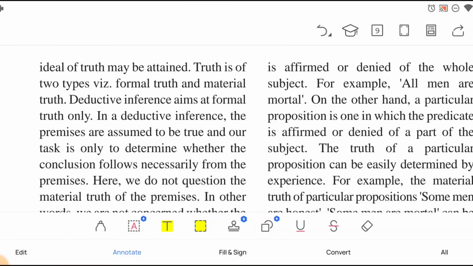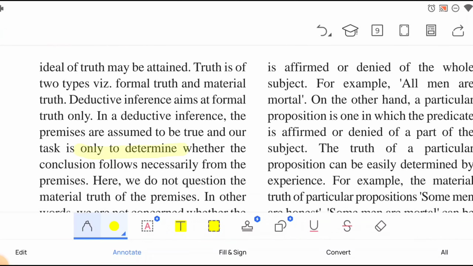In deduction or in deductive inference, the premises we use, we assume it to be truth, and we never try to prove it, and we don't check the facts, right? Our task is only to determine whether the conclusion follows necessarily from the premise.